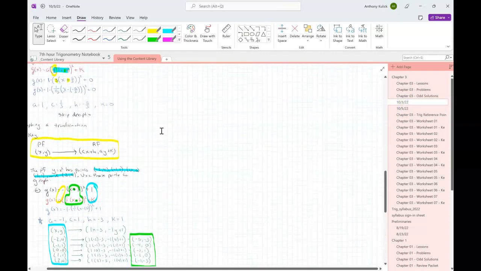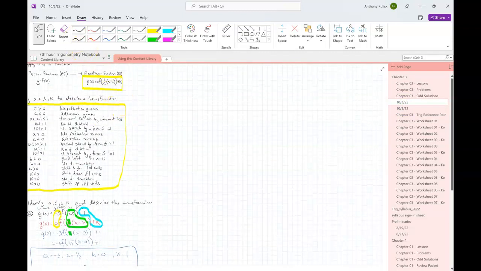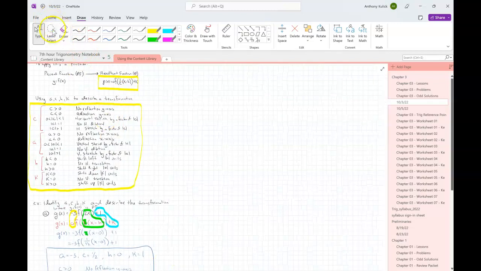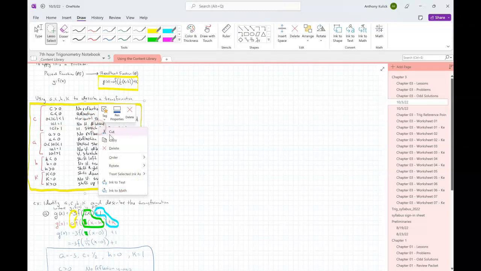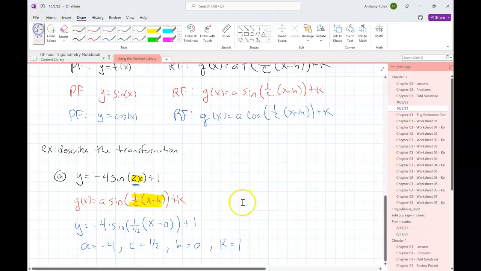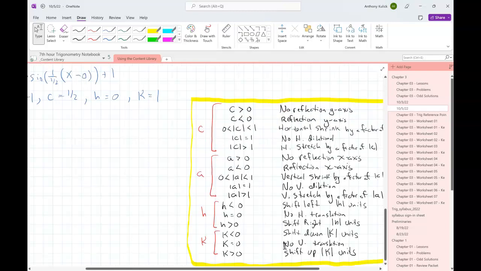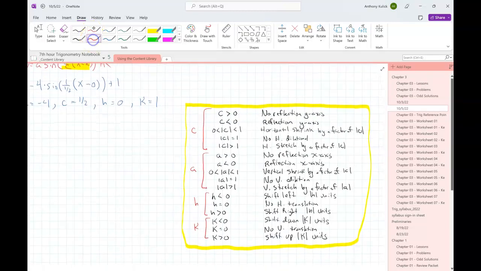And then just like last time, we're going to use our set of criteria to describe the transformation.